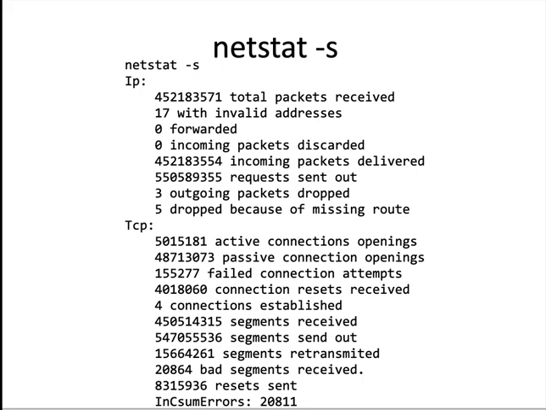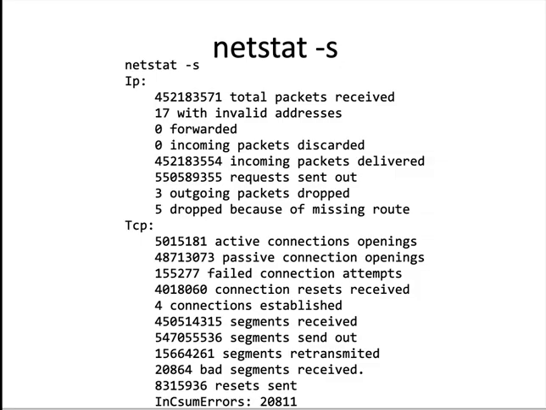So at the top, I have information on IP packets. Since my machine has been up, it's received almost 500 million IP packets. And then it tells how many were TCP/IP related, tells me if there were any bad packets or dropped packets, that type of thing.